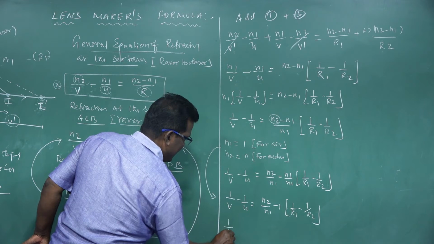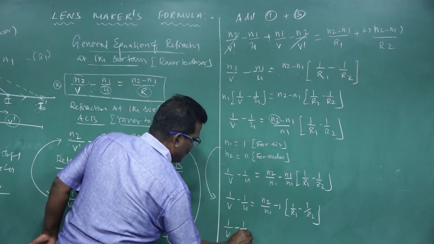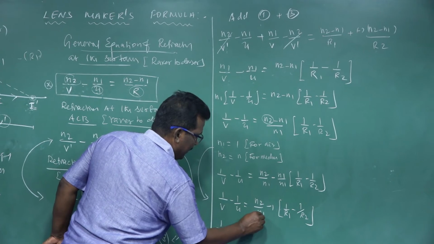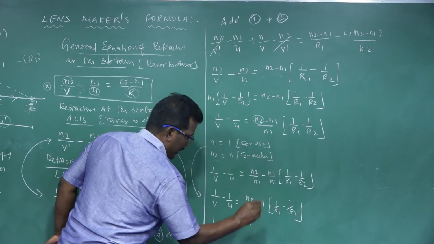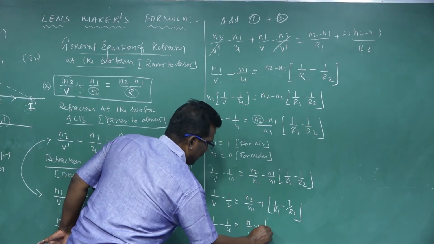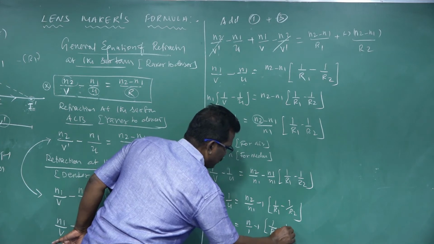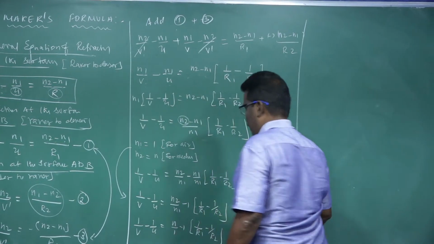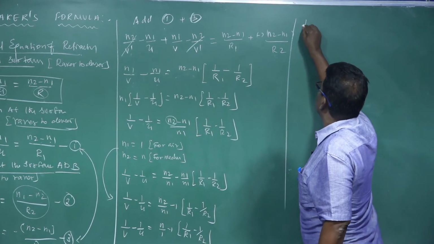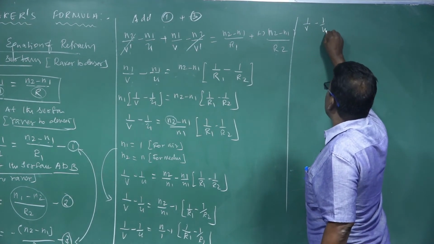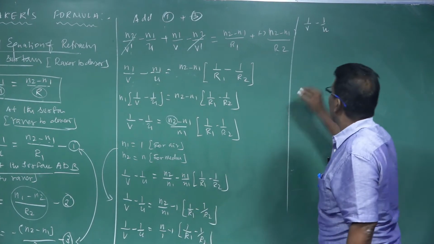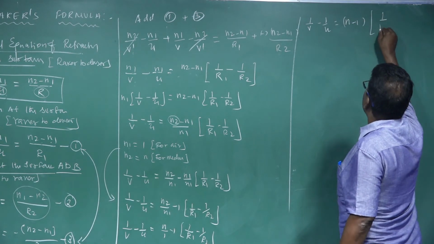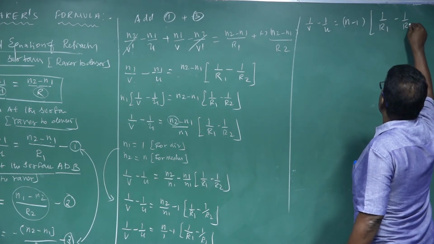So 1 by v minus 1 by u is equal to (n minus 1) times (1 by r1 minus 1 by r2).